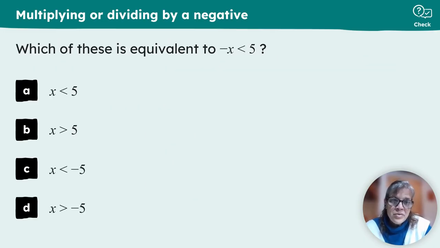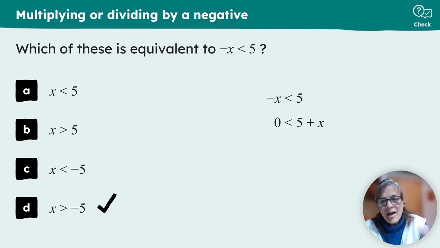So now you decide out of A, B, C, or D, which of these is equivalent to minus x is less than 5. All right, hopefully you pick D. Yes. If I have minus x is less than 5, I could also think about this in adding and subtracting.